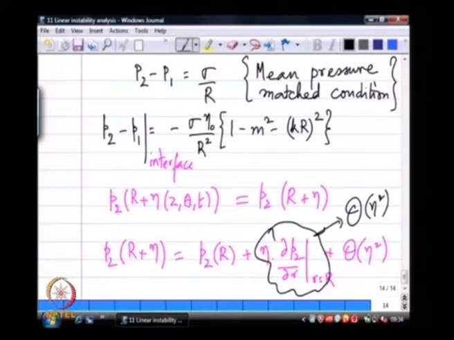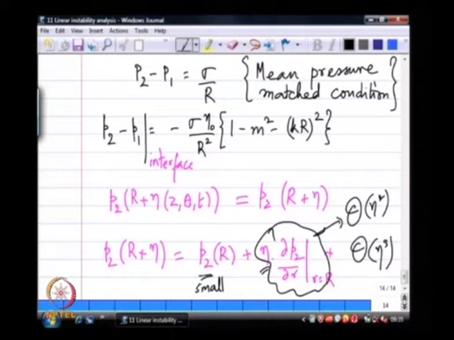Technically, the next term would be order eta cubed, because P2 is a small quantity, eta is another small quantity, and dP2 dr, the derivative of P2 with respect to r, is also a small quantity. So, this already is a second order effect, a second order correction to P2.